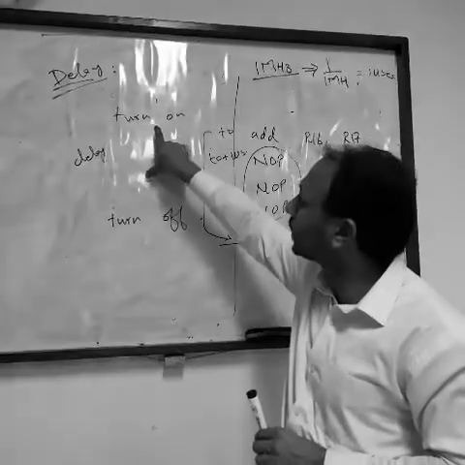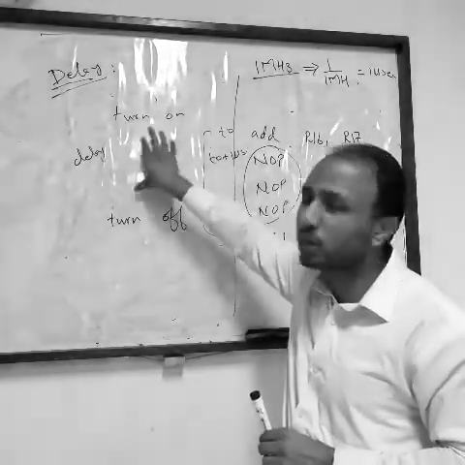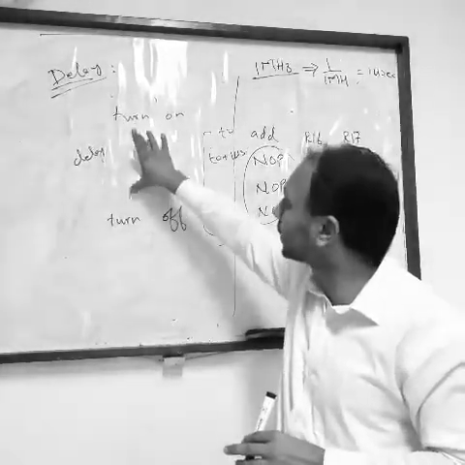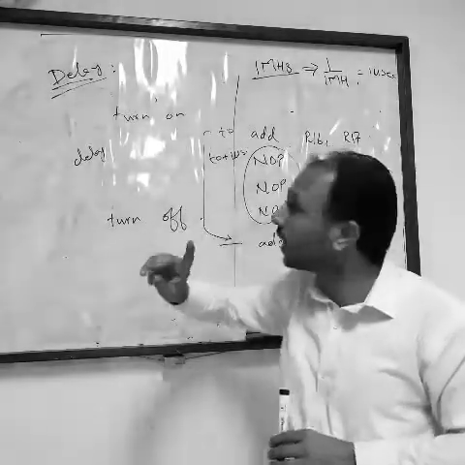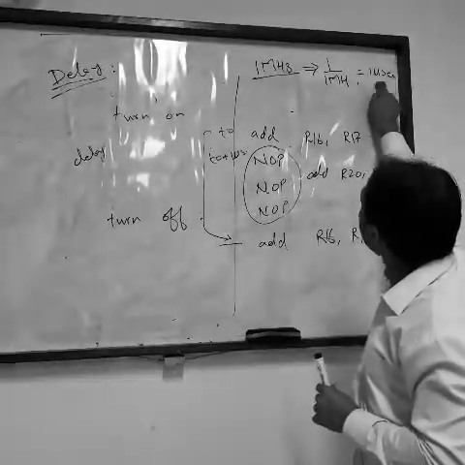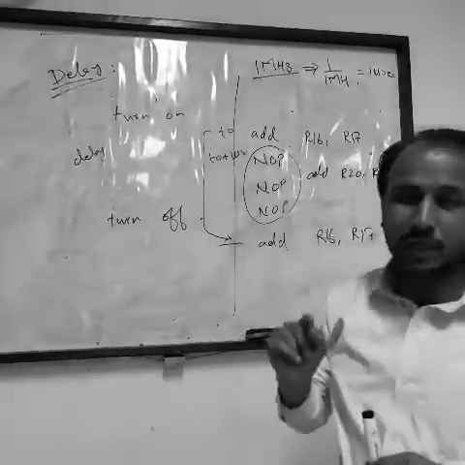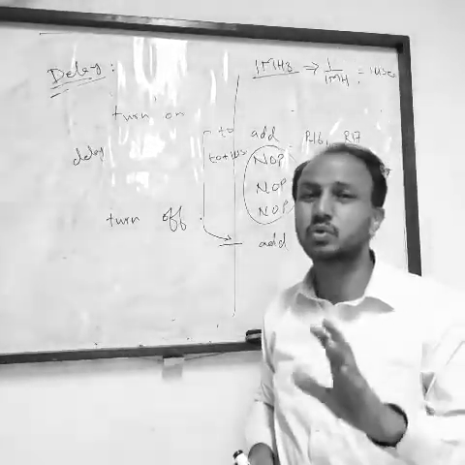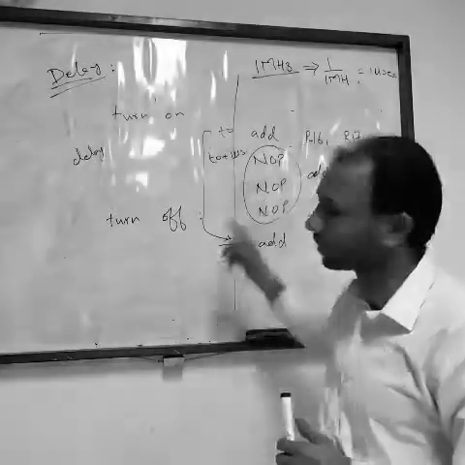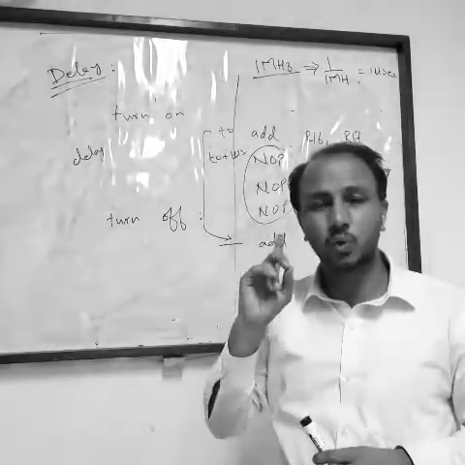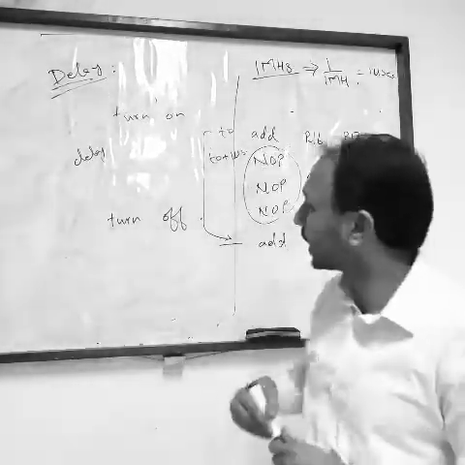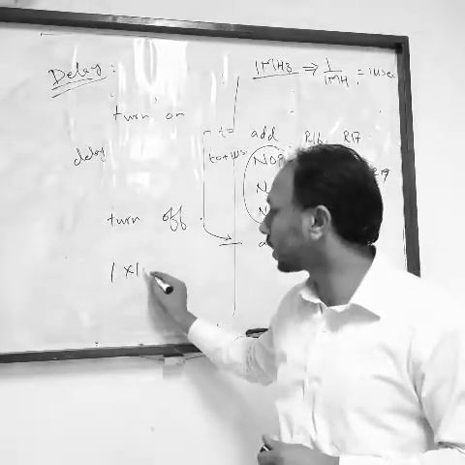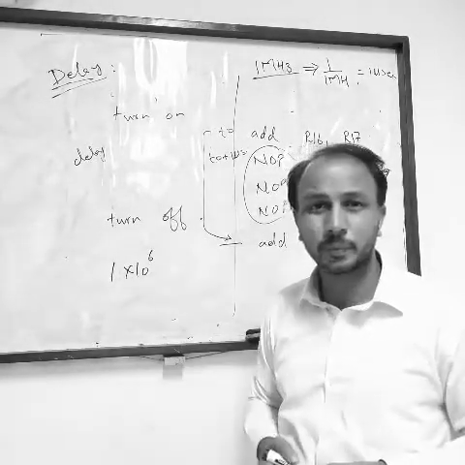We have to keep the processor busy doing some useless thing for 1 second. If our clock period is 1 microsecond and most instructions take 1 microsecond, we need to use a useless instruction, for example no operation, 1 mega times. 1 mega is 1 times 10 raised to the power 6.